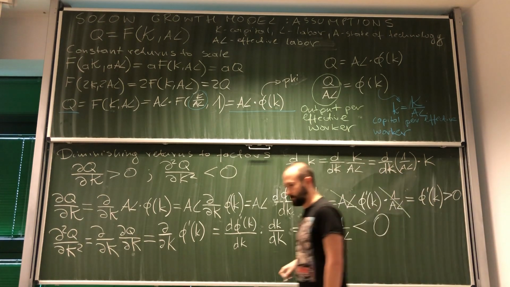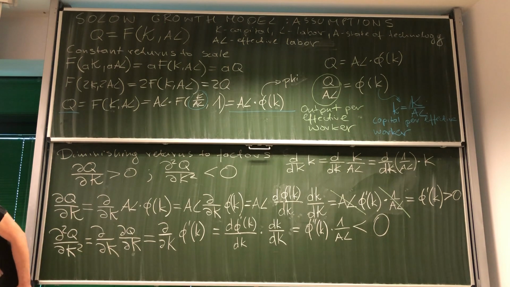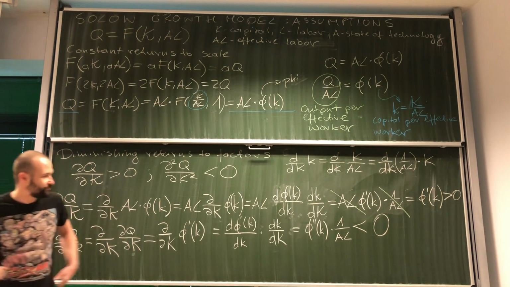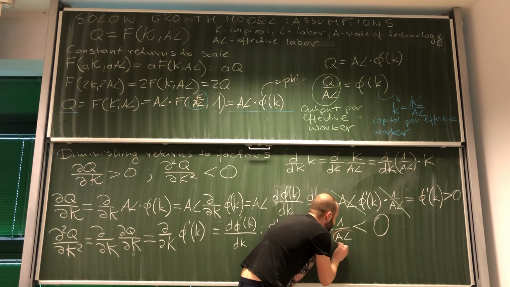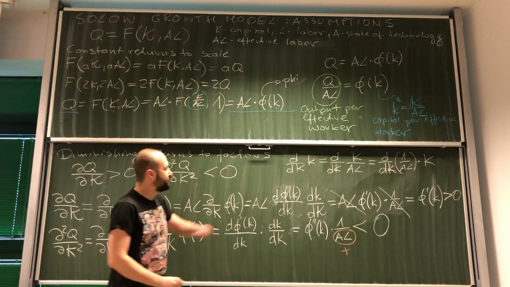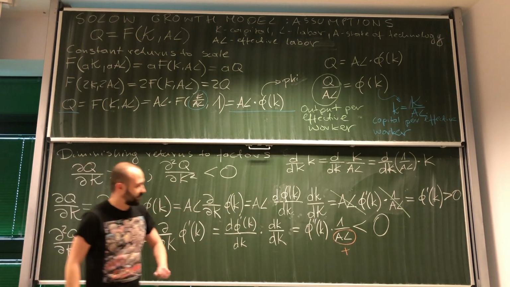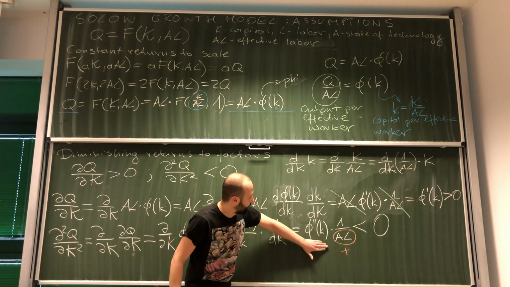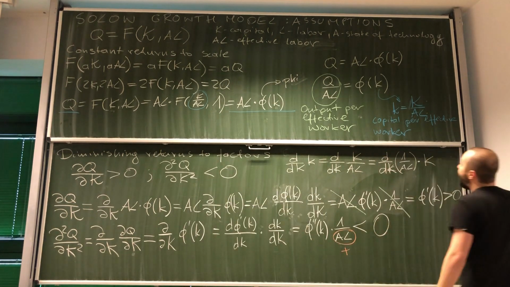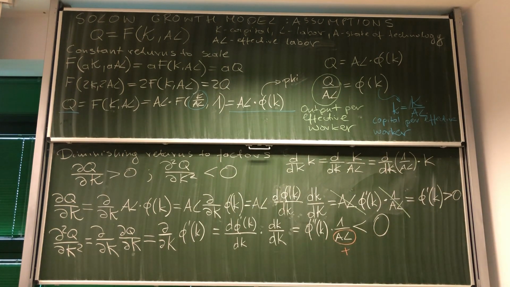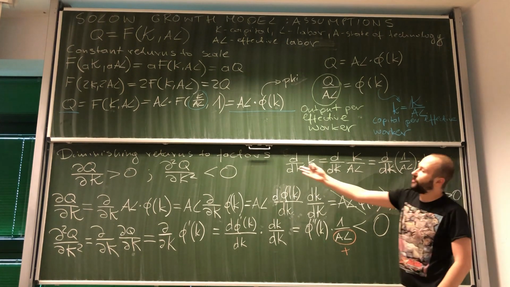Now, if we look closer over here, we can clearly see that state of technology and labor cannot be negative. It must be positive. So if this is positive, it means that this derivative must be negative. So we get that the function we were interested in has exactly the same properties as we see over here.